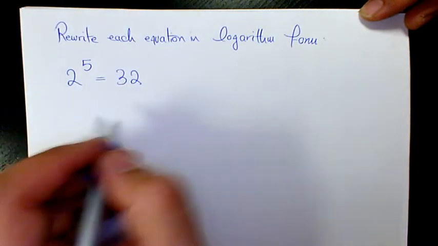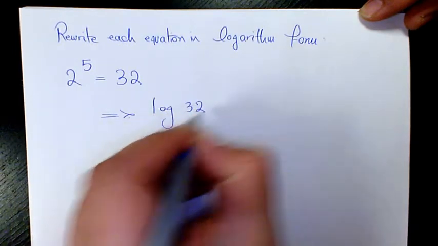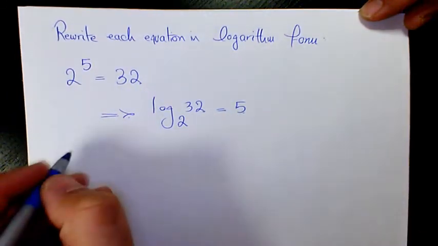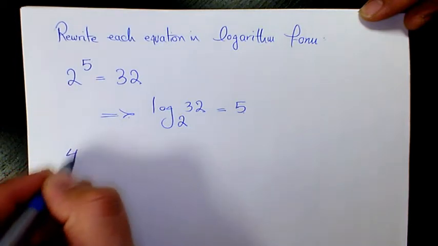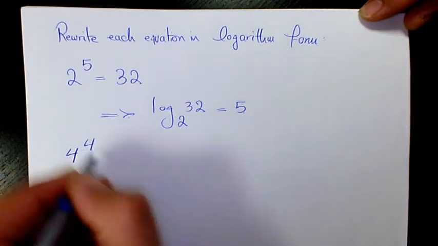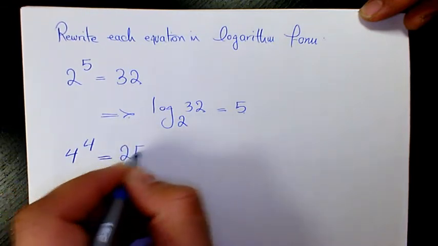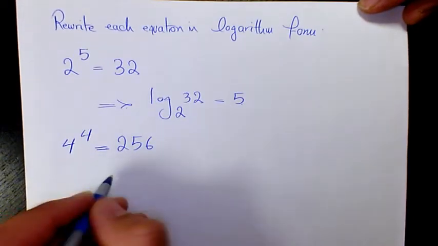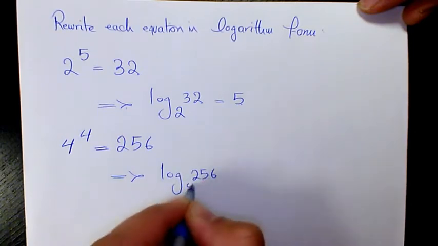If you want to write it in logarithm form, you're going to say log 32 base 2 is going to be 5. 4 to the power of 4 is going to be equal to 256. You can say log 256 base 4 equals 4.